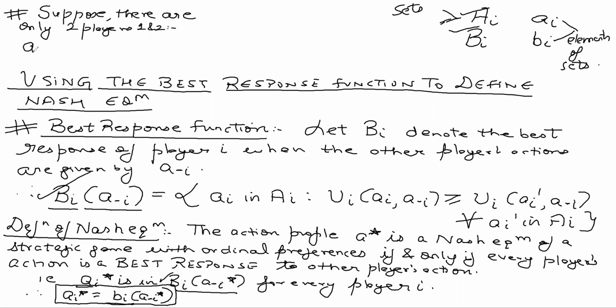Then a1 star, which is the equilibrium action of player 1, should be the best response of player 1 to a2 star, which is the equilibrium action of player 2, and a2 star should be the best response of player 2 to the equilibrium action of player 1. This is what I plan to say.